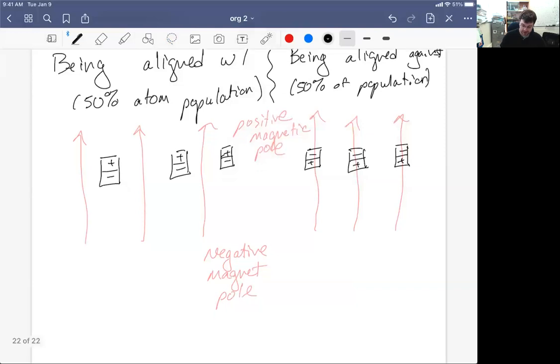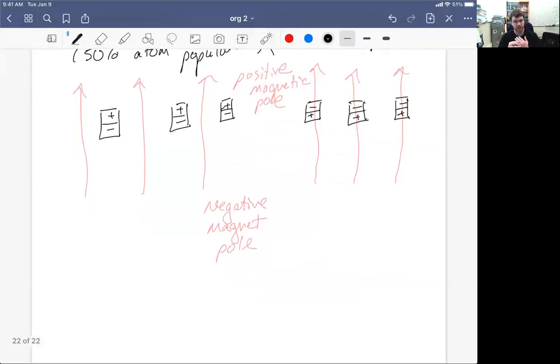Because what this tells us, this is the situation we're set up in. We haven't done any spectroscopy. We haven't really introduced any radiation. We've just put everything into the presence of a magnetic field that's really big, much bigger than the magnetic field emitted by the proton within the nucleus.